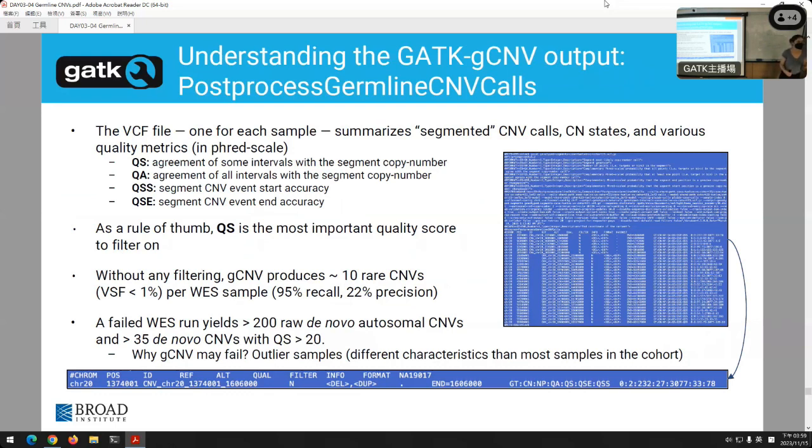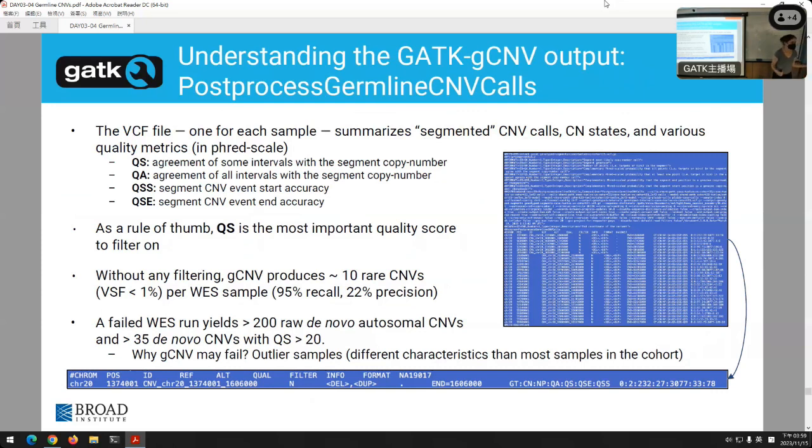So we actually do recommend performing filtering if you are doing this for an application that requires high precision, such as maybe a GWAS. And after filtering, we expect to see more like one rare CNV call per exome. So let's say you ran GCNV and you're seeing way too many CNV calls in one of your samples, like over 200.